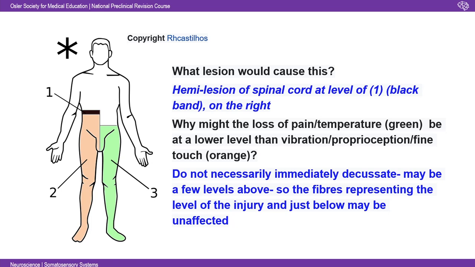And exactly as you said, because the fibers that eventually form the anterolateral system might go up or down a few levels in Lissauer's tract, that means that they might escape this lesion. So it's not something to dwell upon loads, but remembering that can explain why you get slightly weird pictures.